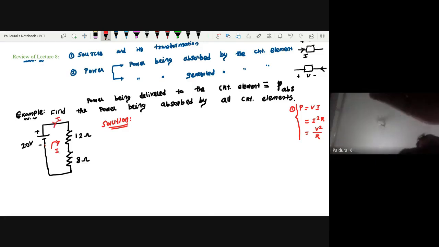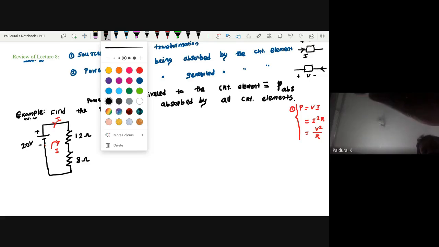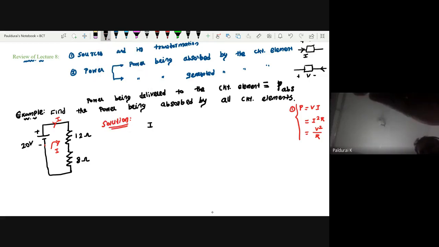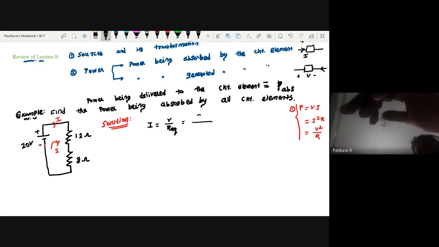How will you find I? We know I equal to V by R. Here two resistors are connected in series, so R equivalent is 12 plus 8, which is 20 ohms. So I equals 20 by 20, which is 1 amp. Now what is the voltage across the 12 ohm resistor?